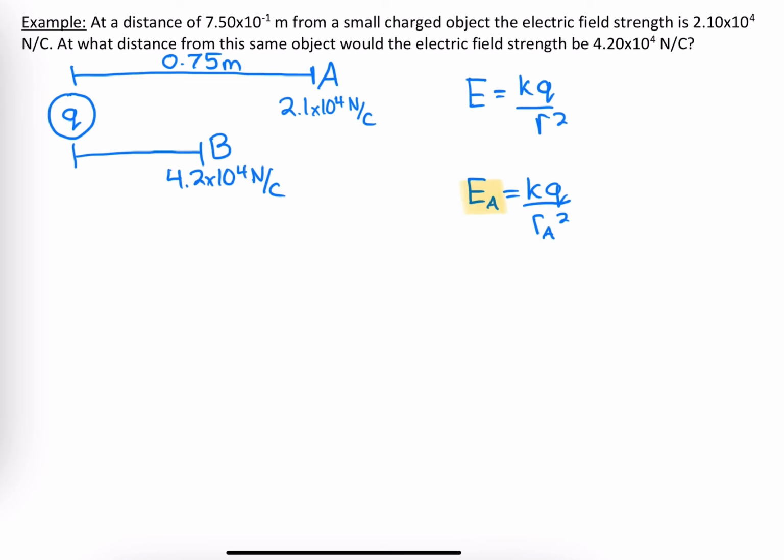I know the electric field at A. It's that. I know K, Coulomb's constant. And I know the distance away from the charge we are at A. That's that. So I should be able to solve for Q, the charge right here. Let's see if we can do that.